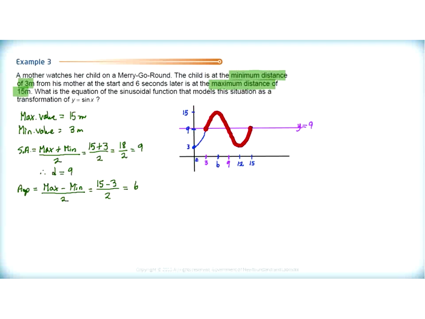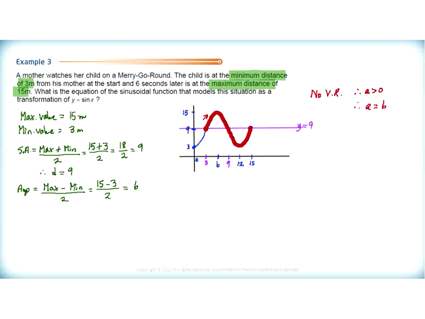Note that the sinusoidal function here is going upward to begin with. That tells us that there are no vertical reflections. Therefore, the value of A must be positive. It will be greater than 0. And because the amplitude is equal to 6, we know that the value of A will actually equal 6.